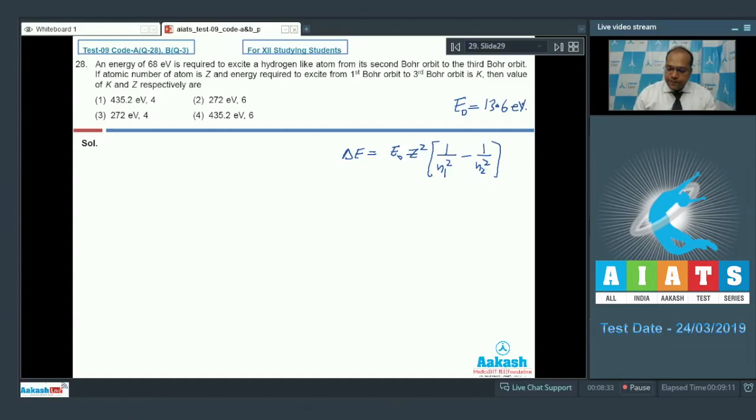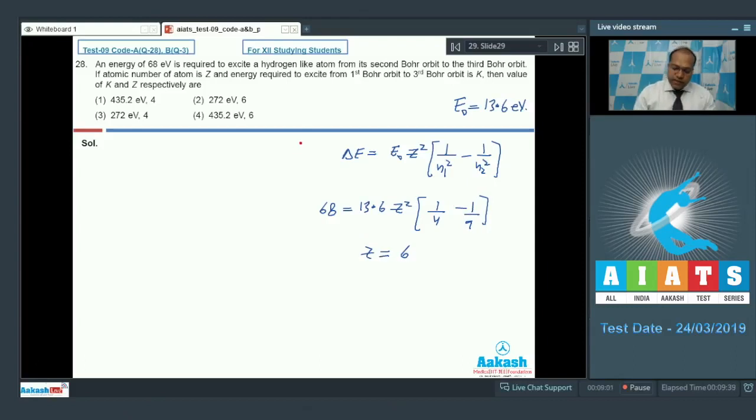Now in the first case, it is given that the excitation is from second Bohr orbit to third Bohr orbit and the energy required is 68 electron volt. So we can say that 68 is equal to 13.6 into Z square into 1 by 4 minus 1 by 9. So if I solve this, the value of Z comes out to be 6.